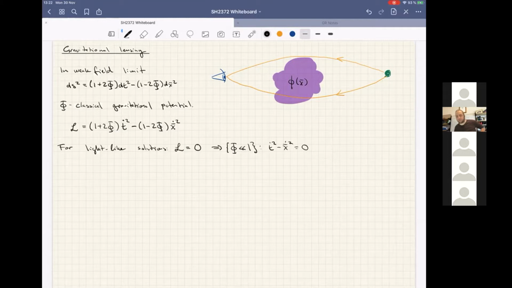And that's, of course, just a statement that if we don't look really at the perturbation, the speed of light is going to be 1. So this will tell us that the absolute value of x dot is approximately equal to t dot.